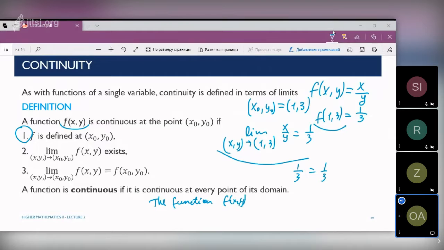So we can say the function f(x,y), which is x over y, is continuous at the point (1,3). We can say this because we just checked it.